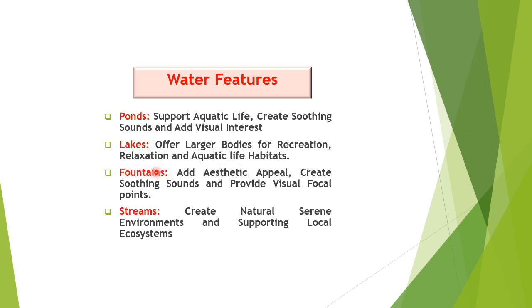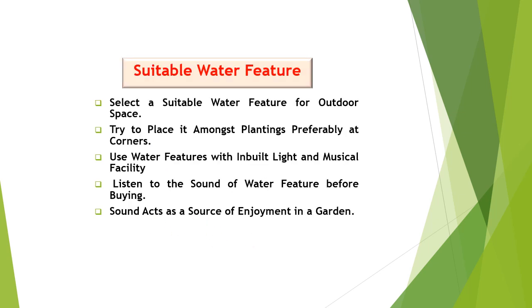Fountains are now added in a garden, add aesthetic appeal, create soothing sounds, and provide visual focal points. Or some gardens have natural streams, or man-made streams are created, which create a natural serene environment and support local ecosystems. So you have suitable water features you can have.